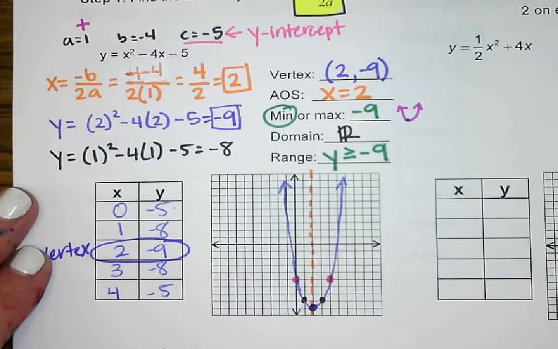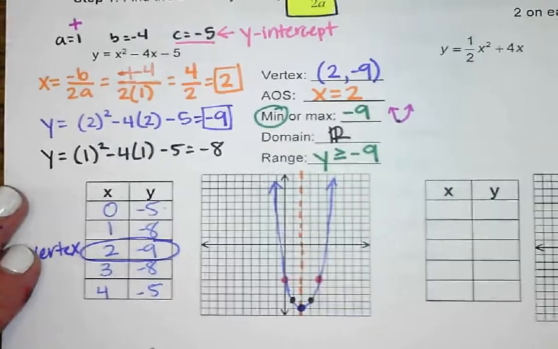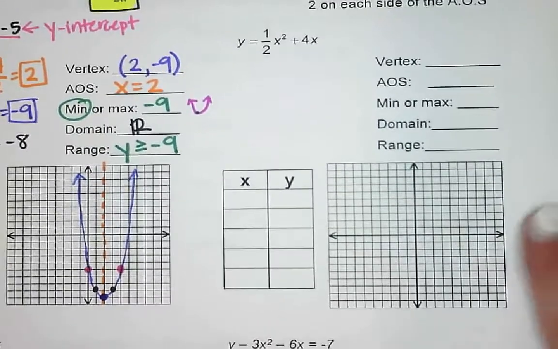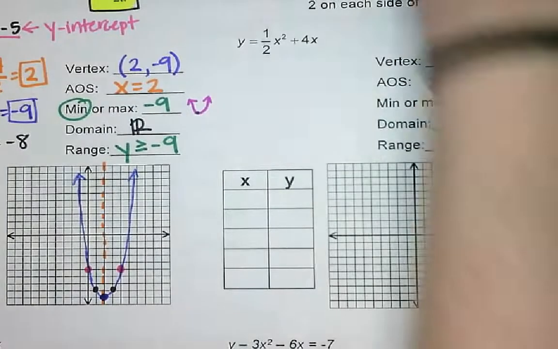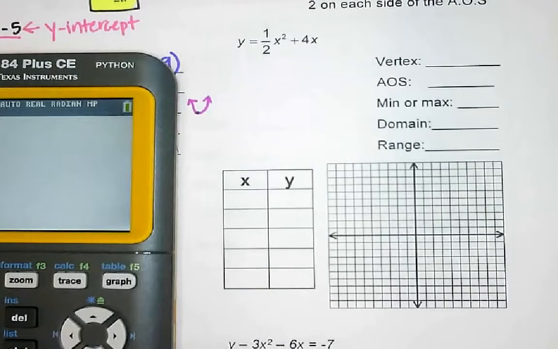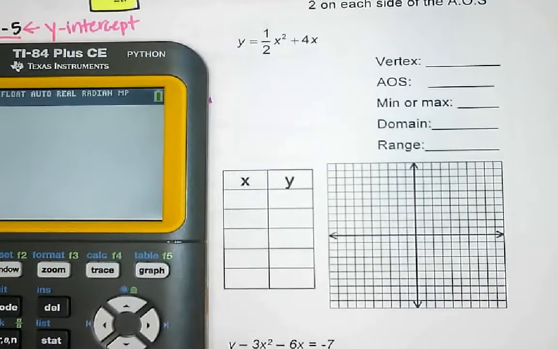Okay, guys? So what I want you to do is jump over here to this equation right here: y equals 1/2 x squared plus 4x.